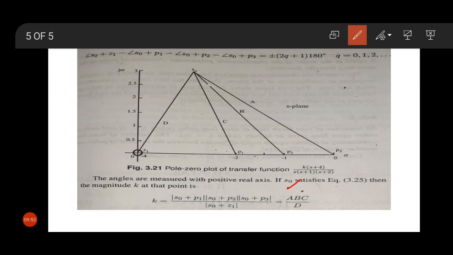After satisfying the angle criteria, we find the magnitude of K, and then check the magnitude criteria. If we find the value of K, we then see whether the magnitude criteria is satisfied or not.